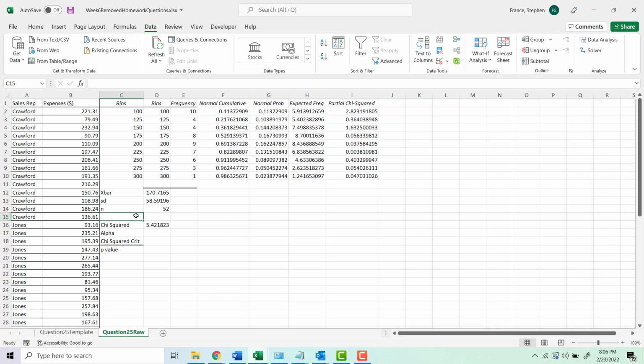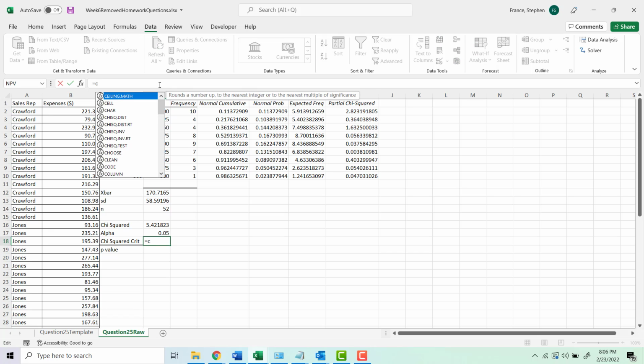Now, let's say our alpha was 0.05. Oh, no, we don't need to put it there. I had already done it there. So we had 0.05. Our critical value. Now, this is where this one's a little bit tricky, which is one of the reasons why I didn't want to include it in the exam, because I've taught this type of chi-squared before, and all my examples have been much simpler.